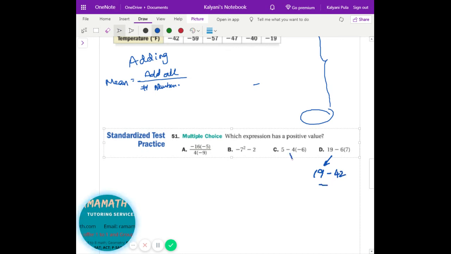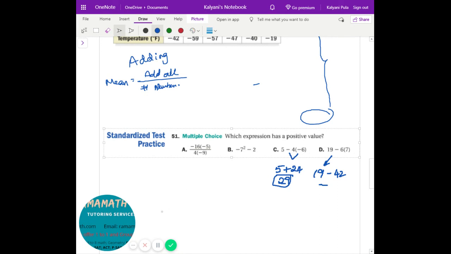But this one right here, negative times negative is a positive, so that's going to be a positive number. Okay? It's really important to pay close attention to the questions and what we have there. So always look at the signs and answer those questions. Good to go.